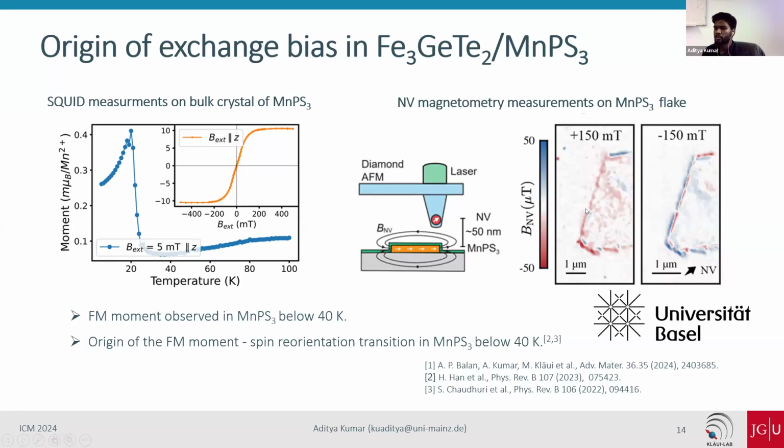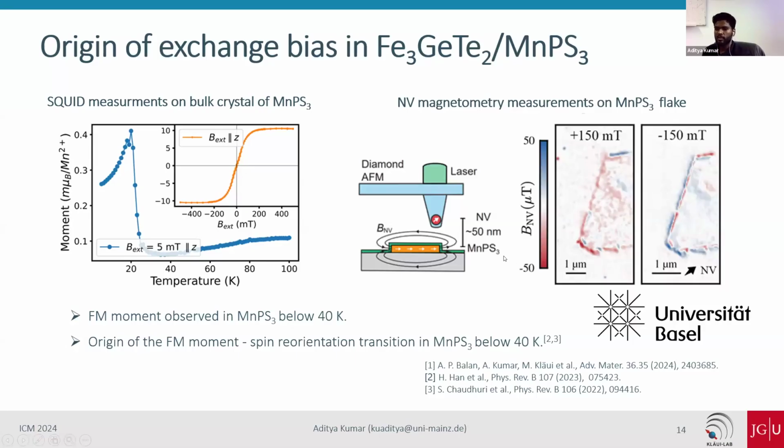This confirms that there is also some ferromagnetic moment in this nanoscale flake. So this ferromagnetic moment that emerges below 40 Kelvin in MnPS3 is pinning the magnetic moment of FGT and induces this huge exchange bias.